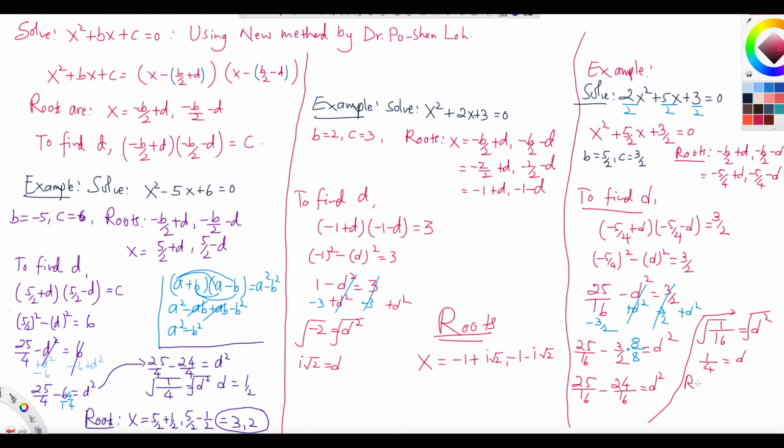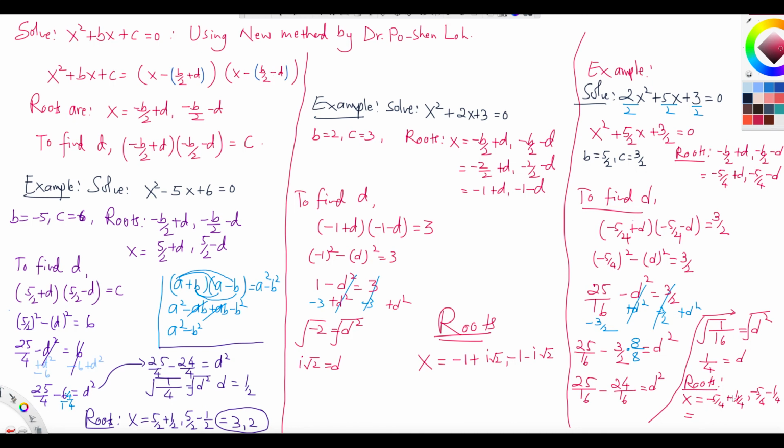So the roots are x equals negative 5/4 plus 1/4, comma, next one is negative 5/4 minus 1/4.